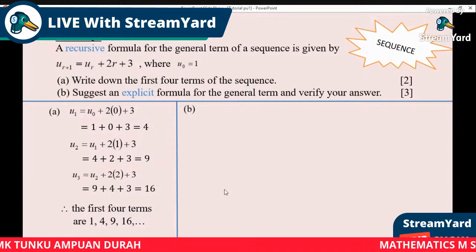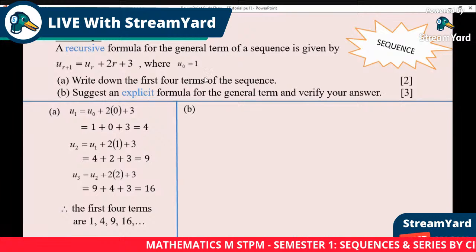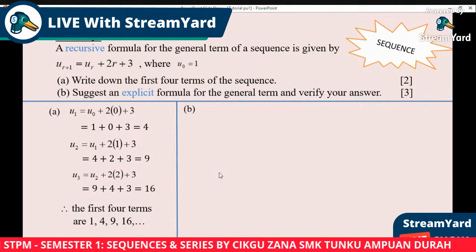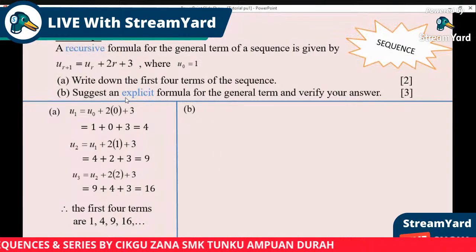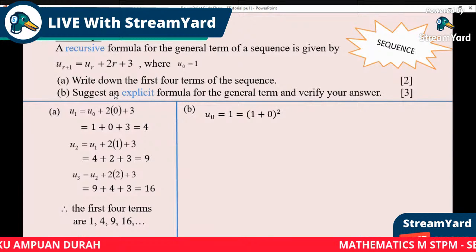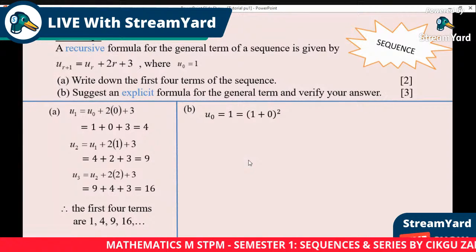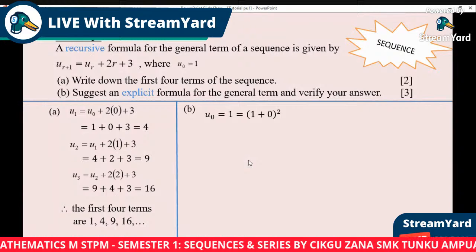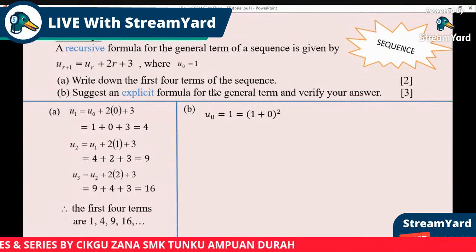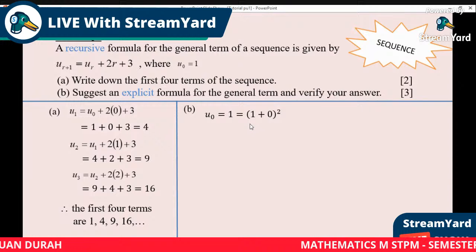Okay, part B. This is what I want to highlight: the explicit formula. Where the question says suggest, you don't just put the formula, you have to prove it. You have to show how you managed to get the explicit formula, so you have to do some observation. For example, U0 is 1, so how do I get 1? I think of a method to get 1, which is 1 squared.